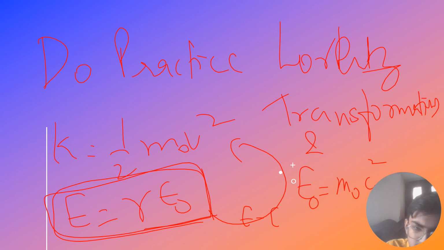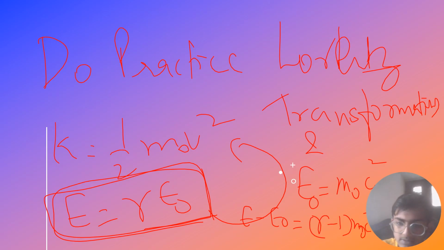A little brief I am giving you here. You can write it like this: gamma minus 1 times m naught c square. Just expand this gamma, and then you will again get this particular result. That is the kinetic energy here. E minus E naught is the kinetic energy.